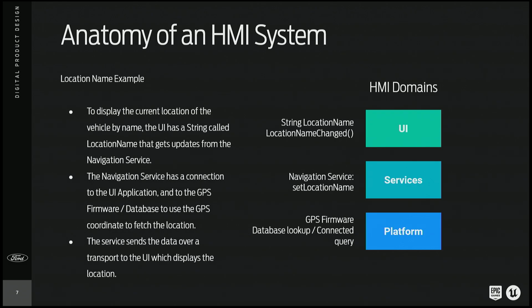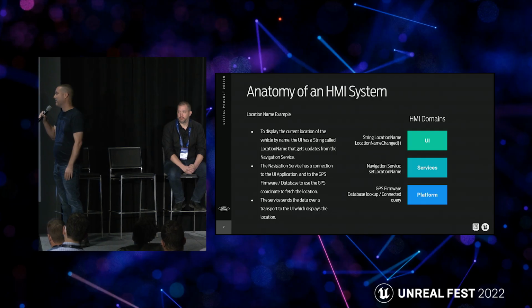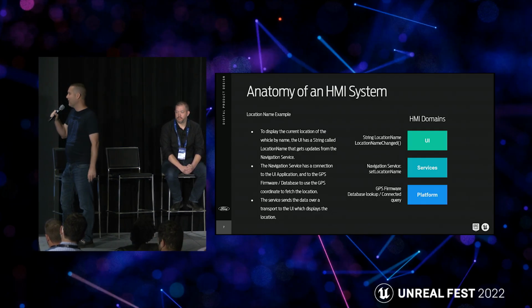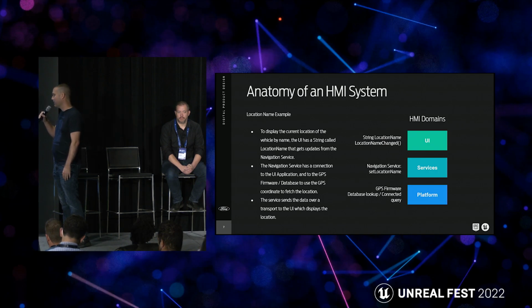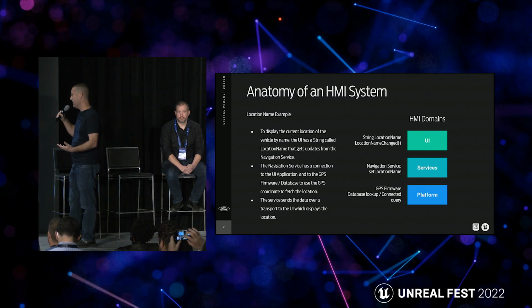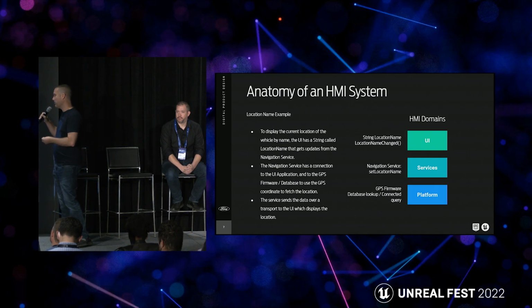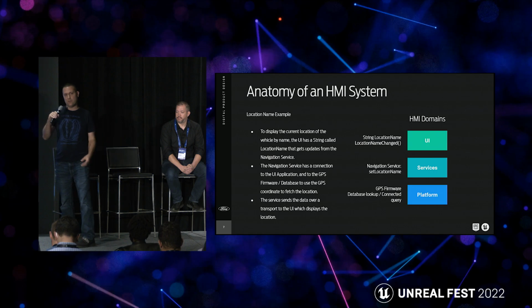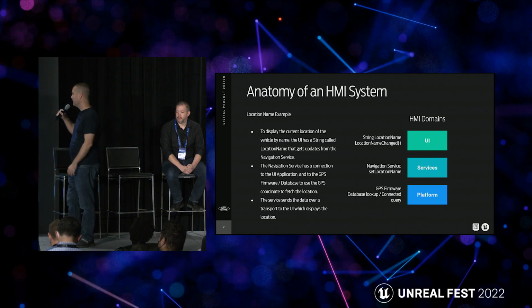That event is triggered by a navigation service, which is periodically evaluating where you are and then calling set location name to pass that string to the UI. And then that navigation service relies on GPS firmware maybe to pass in a location into a connected query, or maybe you have a database where you can look up your navigation data and get your location.